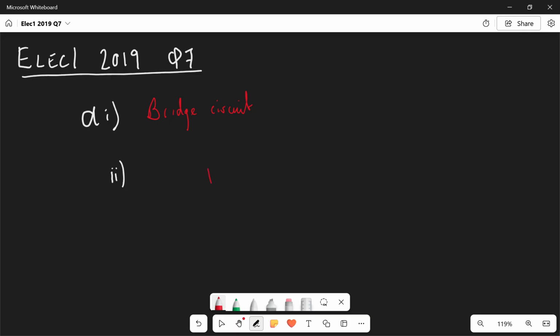Okay, so for Vp, the calculation we're going to do is 2 kilo ohms over 2 plus 2, or 4 kilo ohms. And we're going to multiply it by 12 because that's the voltage of the supply, and therefore the voltage at point P is going to be 6 volts. What about the voltage at Q?